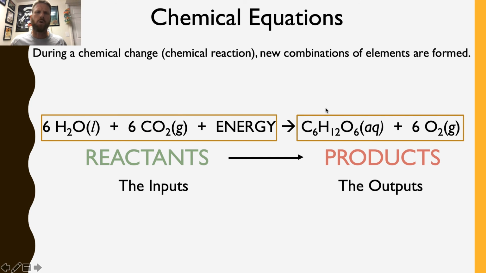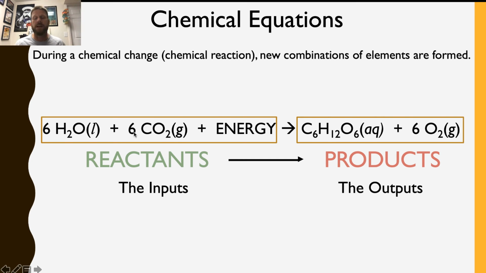Remember that the coefficients tell us how many of each molecule we need to complete this reaction. We need 6 liquid water molecules reacting with 6 gaseous carbon dioxide molecules and put in some energy to create a molecule of glucose and 6 oxygen molecules.